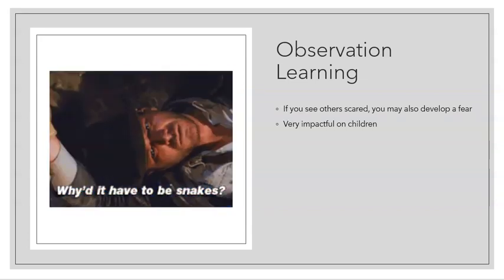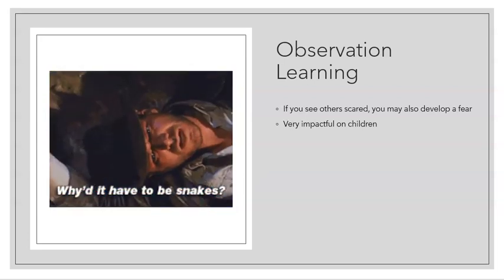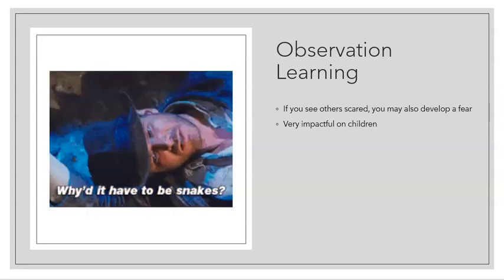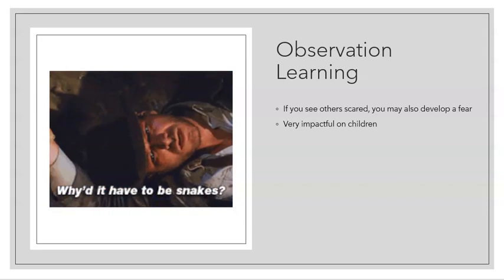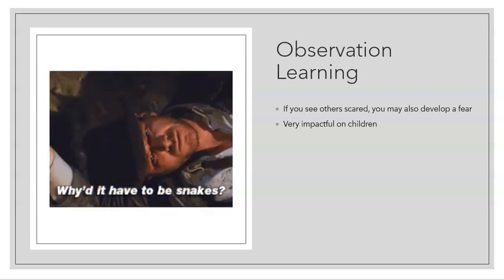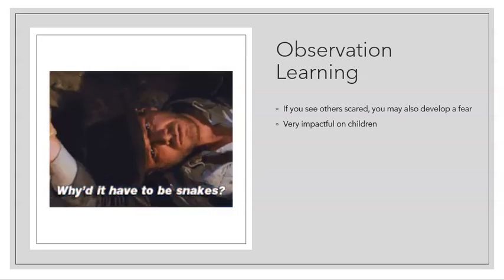And so how that works, if you want to attribute this to classical conditioning, then you could say the snakes would be my NS, the neutral stimulus. Me observing my mom being scared would be the US, the unconditioned stimulus.